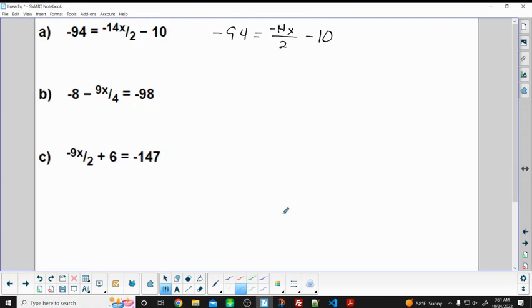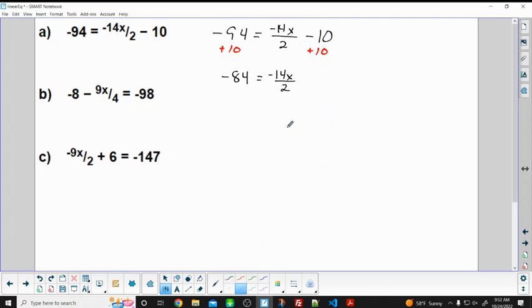So let's go ahead and get rid of this subtraction of 10. To get rid of that subtraction of 10, I'm going to add 10 to both sides. And so that comes out to negative 84 is equal to negative 14x over 2, because the subtraction of 10 and the addition of 10 turn into 0.